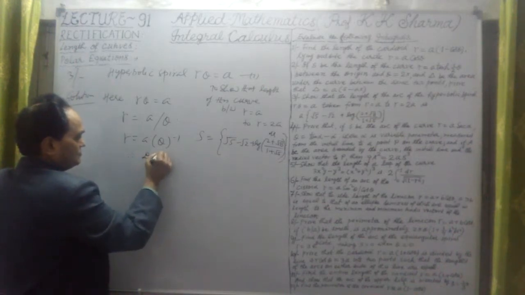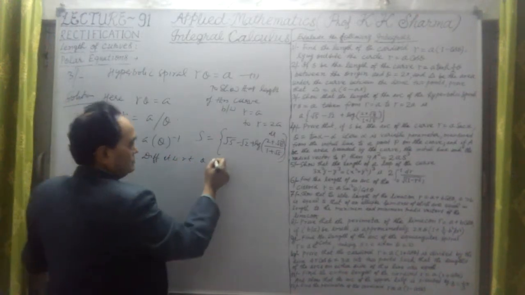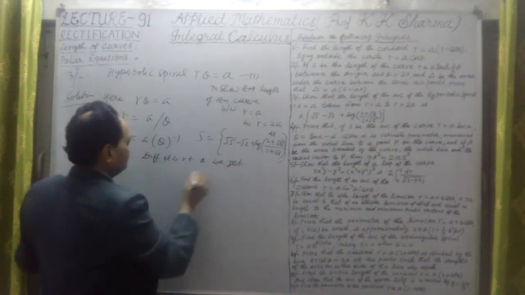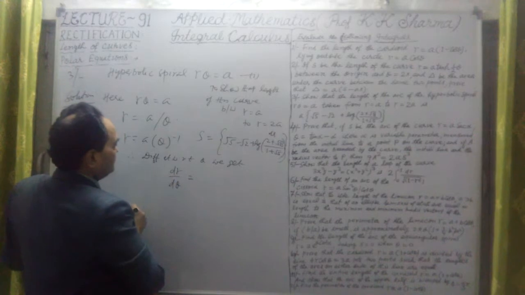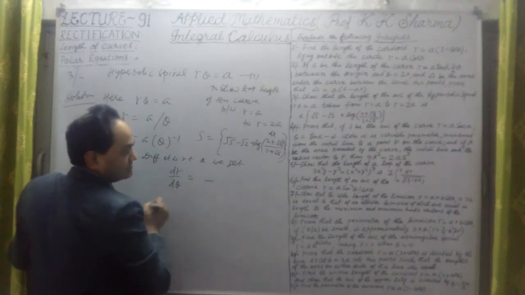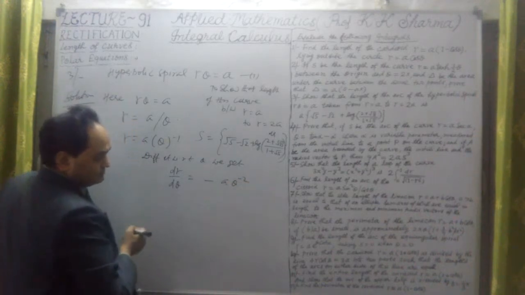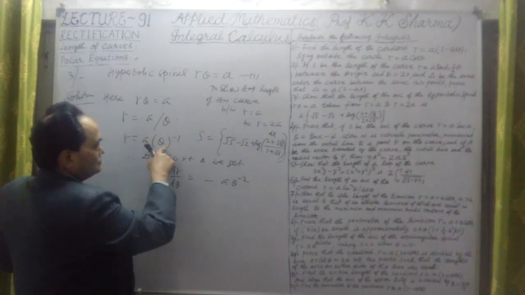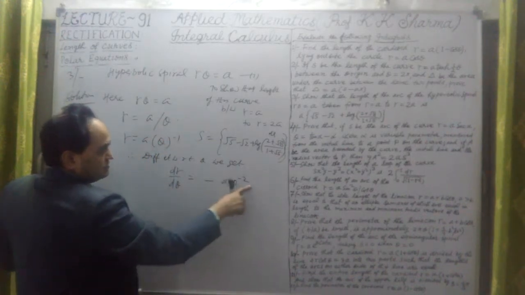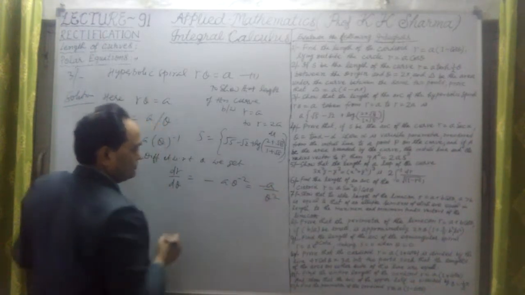Differentiating it with respect to theta, we get dr d theta is equal to minus 1 into a into theta raised to the power minus 2. That is minus a upon theta square.